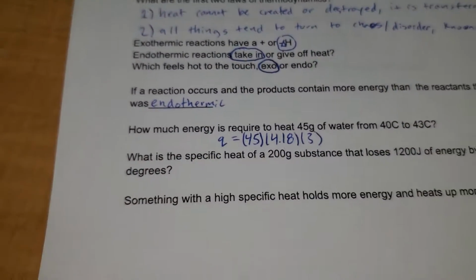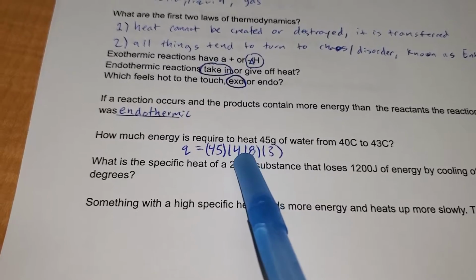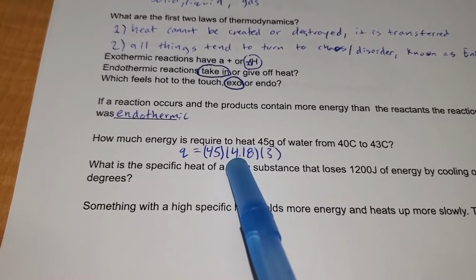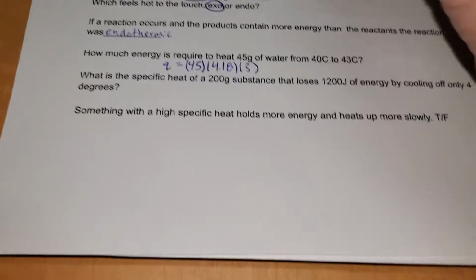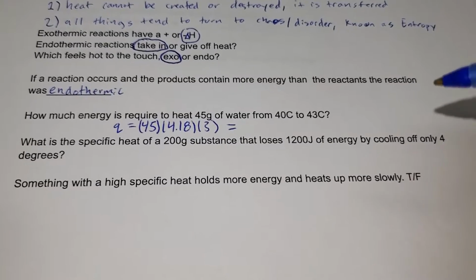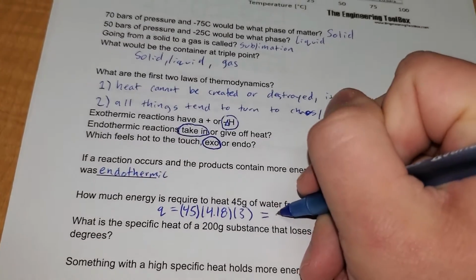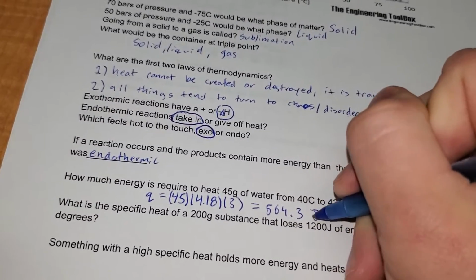All right, so we have our mass, the specific heat of water, 4.18, and then the change in temperature, and this equals out to 564.3. 564.3, and remember this is joules.